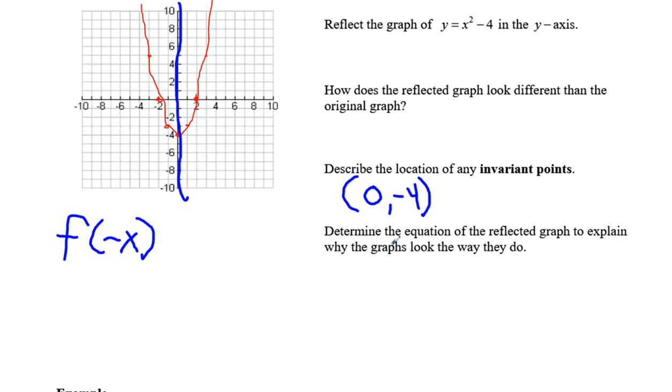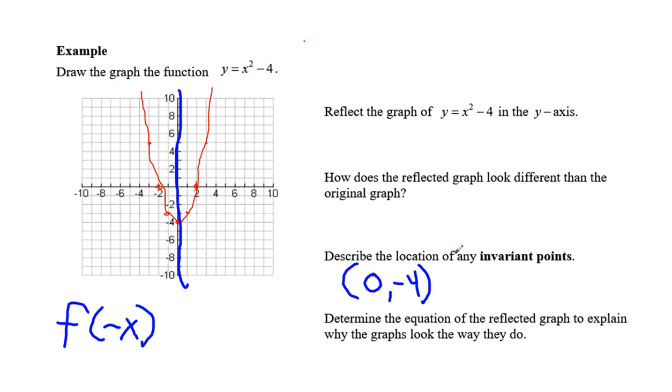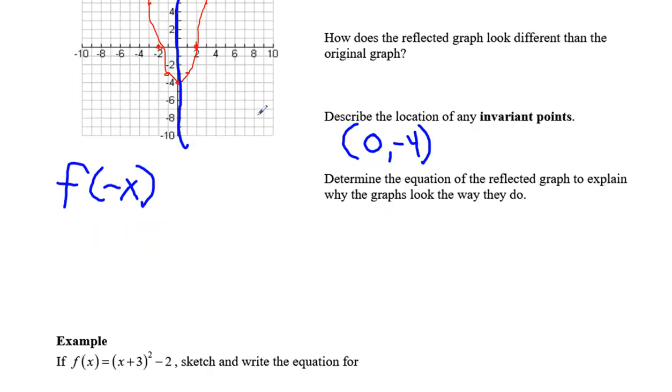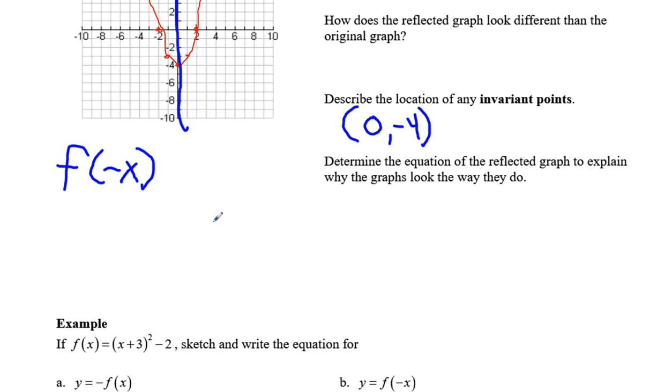All right, determine the equation of the reflected graph to explain why the graph looks the way it does. Okay, now, do you agree we're putting a negative on the x? All right, up here, I'm about to change that x to negative x. Terribly sorry. I want you to think about this.